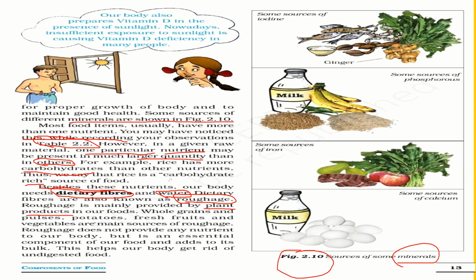Whole grains and pulses, potato, fresh fruits, and vegetables are the main sources of roughage.